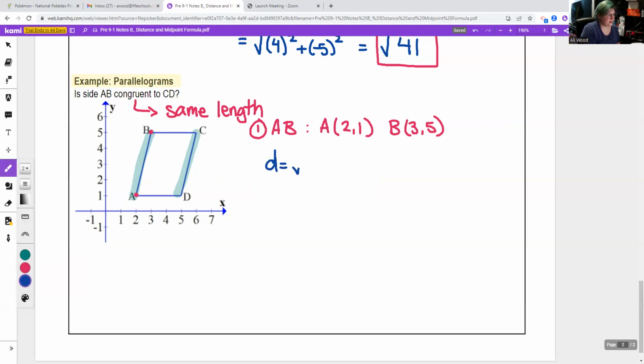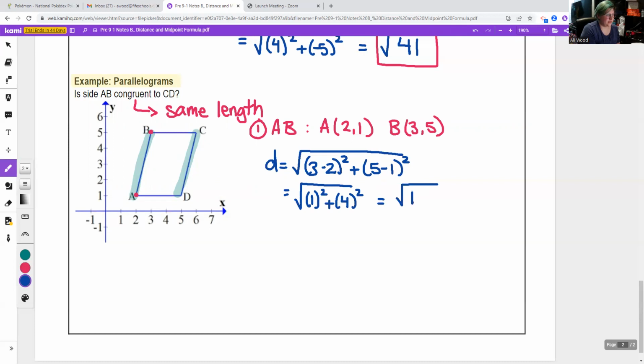So distance is equal to, so again, x2 minus x1, so 3 minus 2 squared plus 5 minus 1 squared. 3 minus 2, so we have 1 squared plus 4 squared. So that's the square root of 17. So AB's distance is the square root of 17.